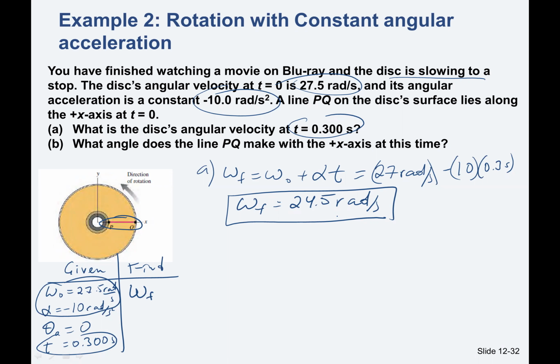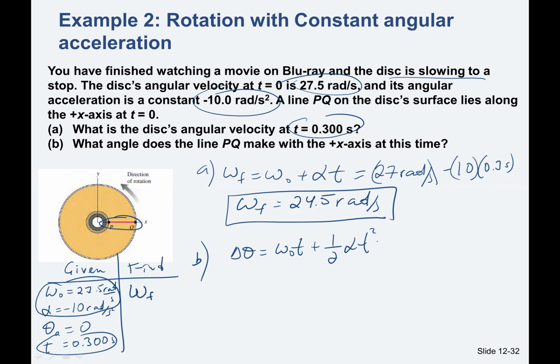Part B is asking what angle does the line PQ make with the positive x-axis? That means we want to find displacement. At this point, you can use equation 2, delta theta equals omega initial times time plus 1/2 alpha t squared.